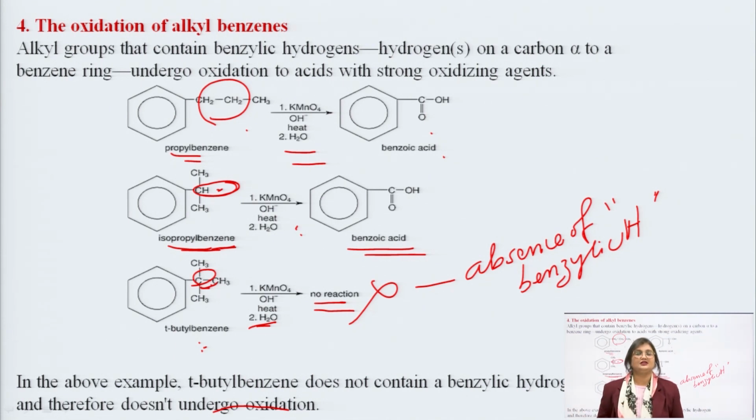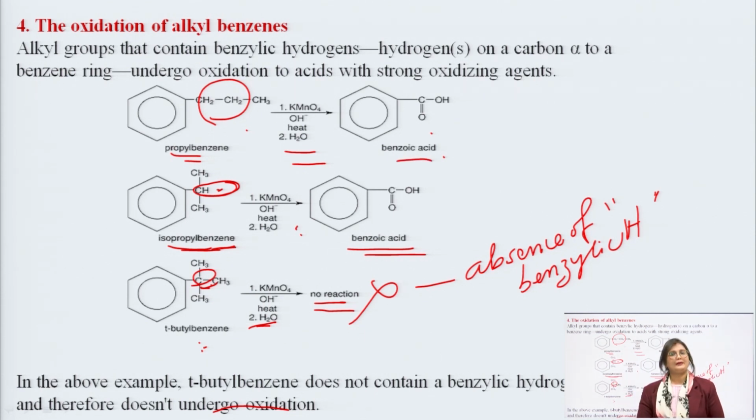Under this case we have seen 3 reactions wherein propyl benzene underwent oxidation and got converted into benzoic acid.